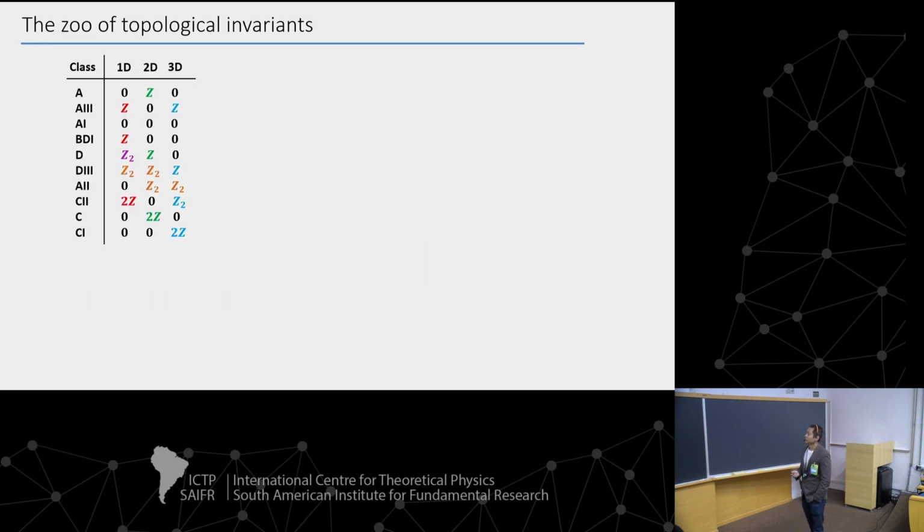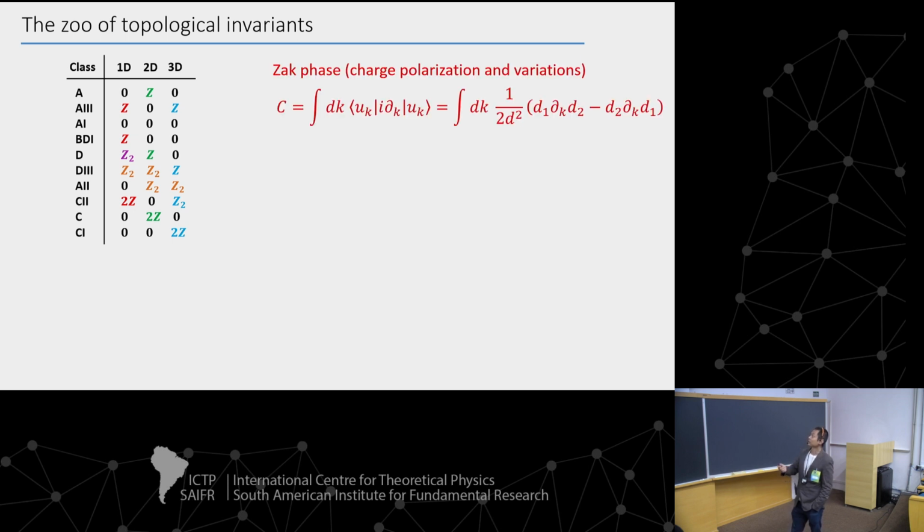Now, the question is, how do you exactly calculate these topological invariants, and what do they correspond to experimentally? For instance, if you just take the systems from 1D to 3D, the relevant systems to our everyday life, you look at this, there's actually a big zoo of topological invariants. You look at this red, these are the 1D systems that are calculated by the so-called Zak phase.